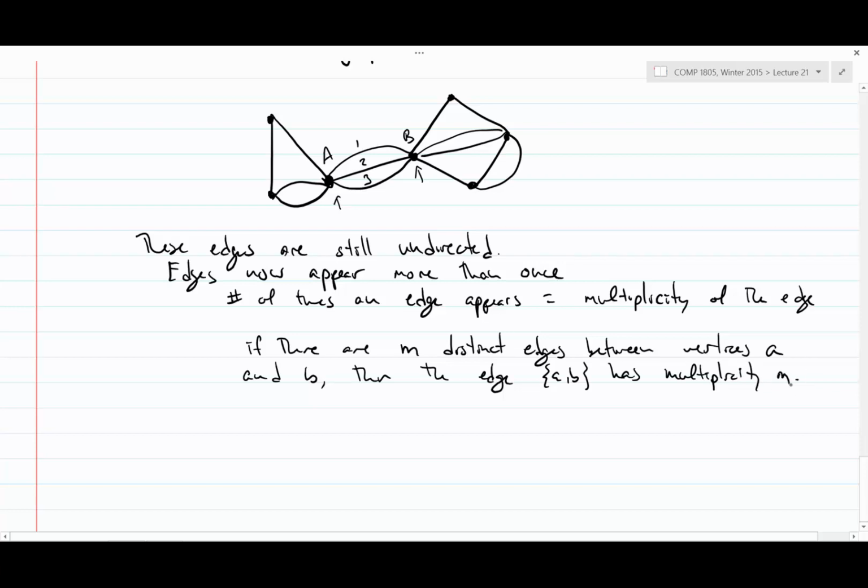In my example, it's 3, but in general, it could be however much you like. And these multigraphs are used to model things like redundant connections in a network.